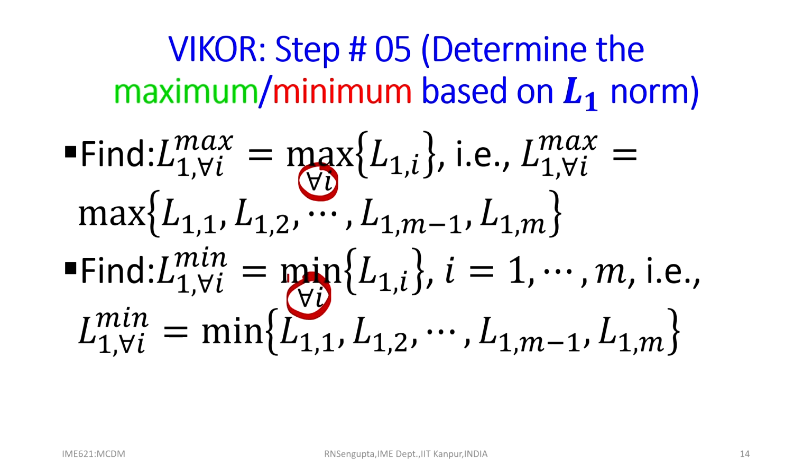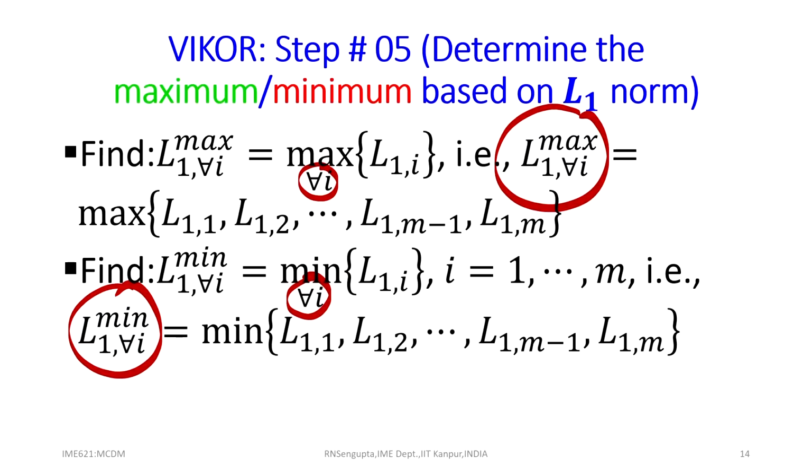So, once I have that, I find out L1 max and I find out the L1 minimum also based on the L1 values which I found out. So, I found out L11 till L1m, then I find out the maximum and minimum.